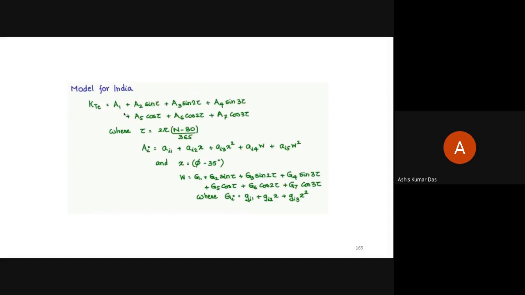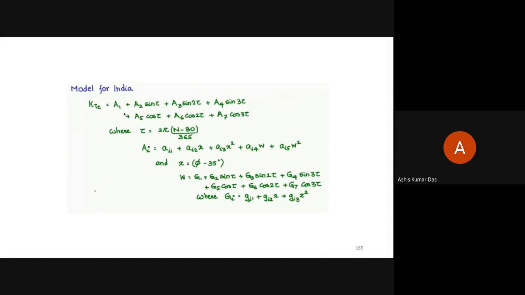This is mainly a trial and error method. That means this is not an exact classical equation, and by using trial and error we can get this type of estimation, which gives us a lower mean square error.